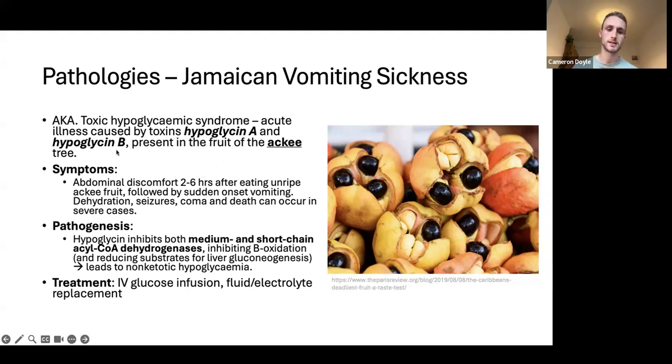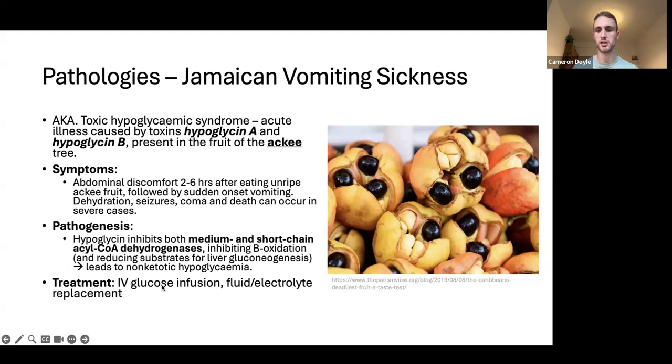These toxins inhibit the same enzymes, the medium and short chain acyl-CoA dehydrogenases, so you prevent beta oxidation from happening. So you'll get a buildup of these fatty acids, you'll get hypoglycemia, and then you'll get these awful symptoms. It leads to non-ketotic hypoglycemia.